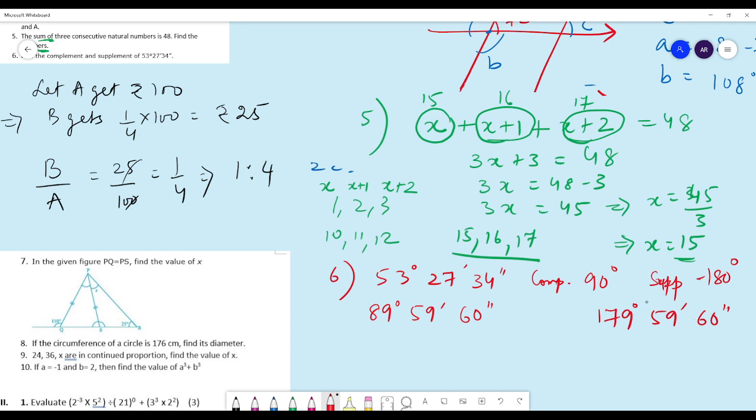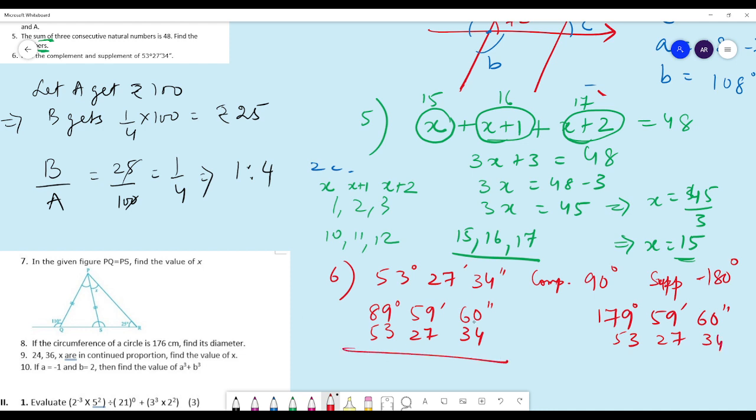Just like we can split 1 hour into 59 minutes and 60 seconds, right? The same process we are following over here. And all you need to do is simply subtract this from these. So you just put them underneath and you get the answer.